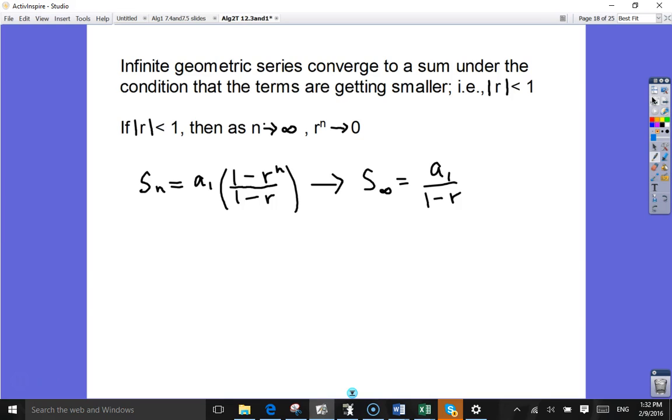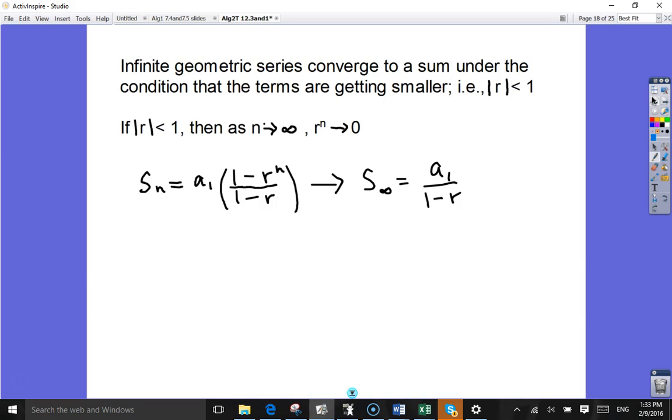If that's true, which means the terms are getting smaller as you look at them, then what happens when n approaches infinity? I start adding up an infinite number of terms. What happens to a fraction if you take it times itself an infinite number of times? 1/2, 1/4, 1/8, 1/16, 1/32. It keeps getting smaller and smaller and smaller. So eventually, and this is kind of going back to our n behavior notation, as n approaches infinity, that term r to the n is going to approach 0.